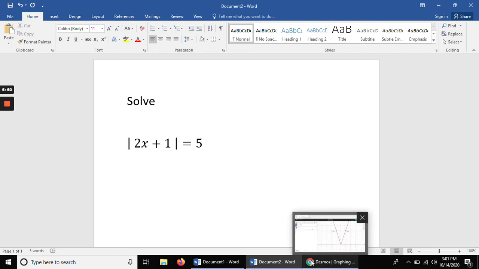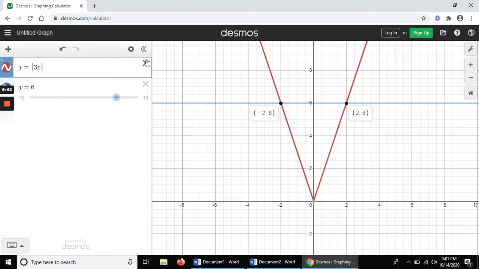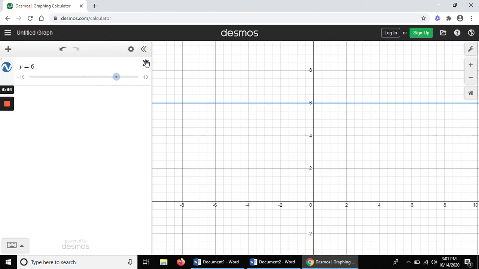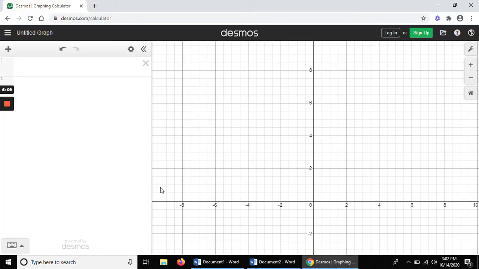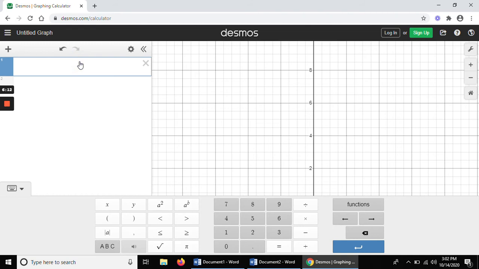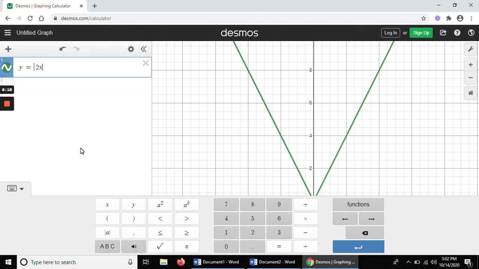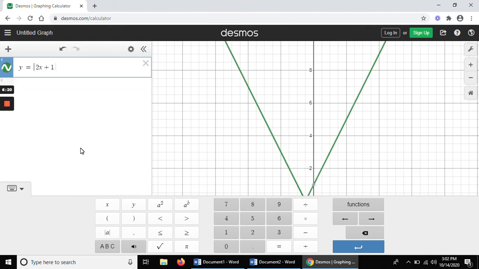So let me go back to Desmos. I am going to clear the 2 spaces, and I'm going to rewrite each side of my equation equal to y. So y is equal to the absolute value of 2x plus 1.